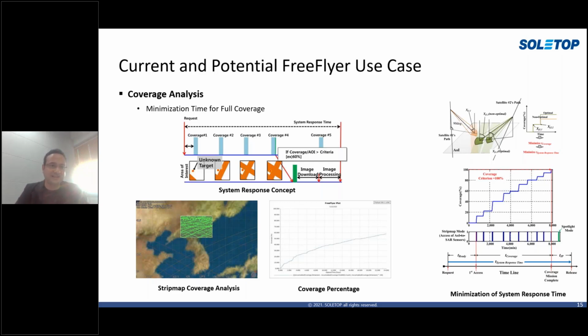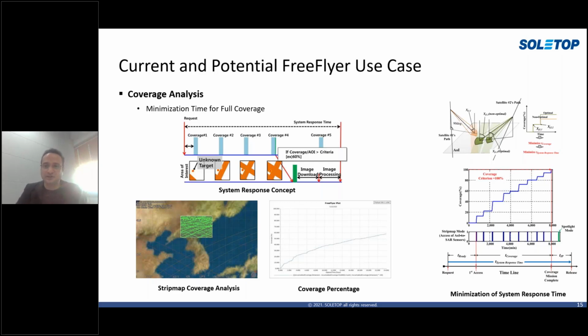It's coverage analysis. A lot of companies and customers in Korea would like to have minimum time for a full coverage, so this kind of analysis has been very much in talks in Korea. Considering the area of interest, a lot of different analyses were carried out to minimize the time for full coverage of this peninsula.